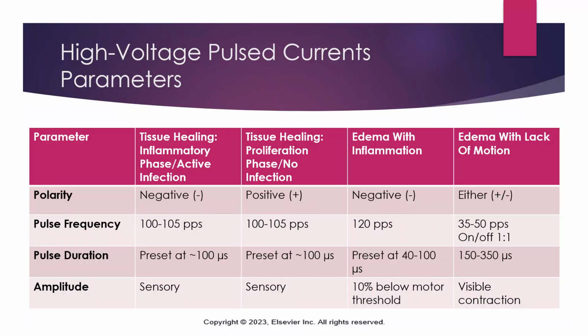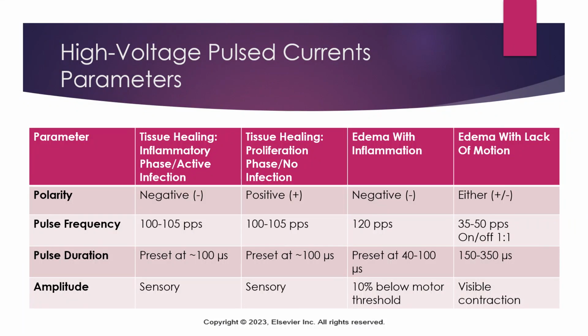Let's look at the next one here, edema with inflammation. So we're going to choose a negative polarity here, and we're going to change the pulse frequency up to about 120 pulses per second. The pulse duration is going to be preset anywhere from 40 to 100 microseconds.